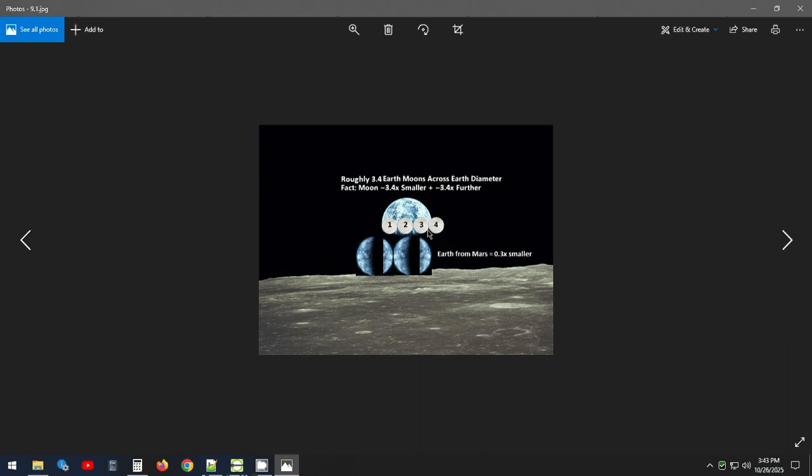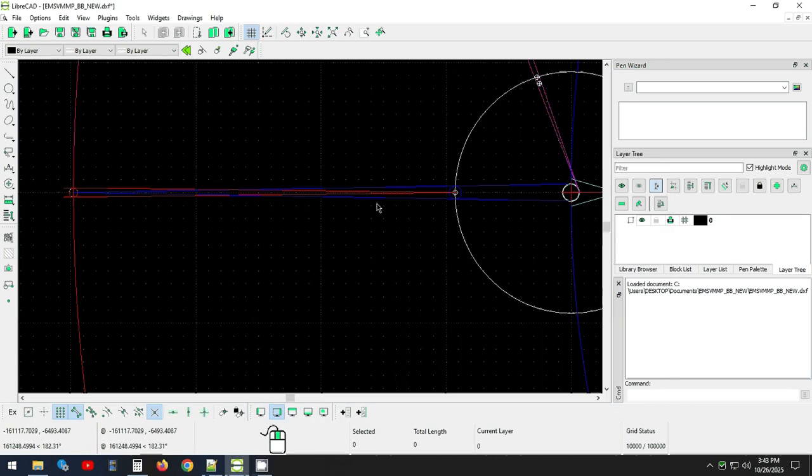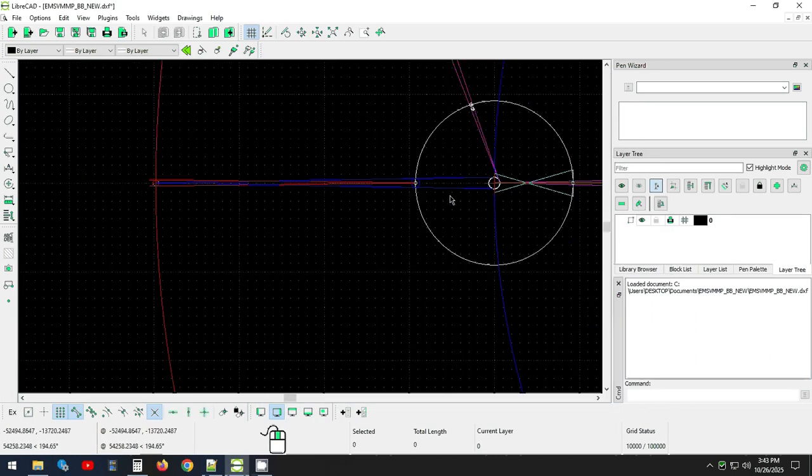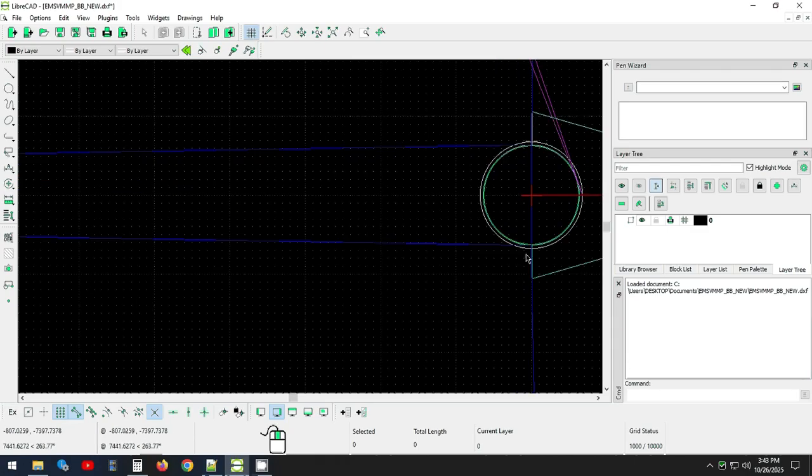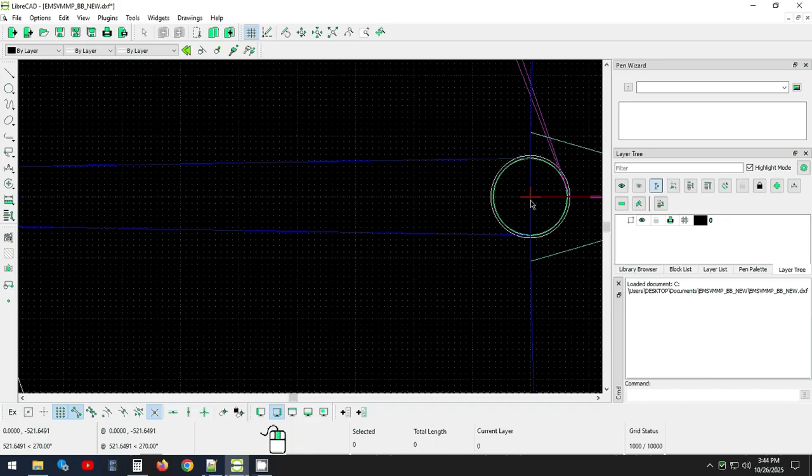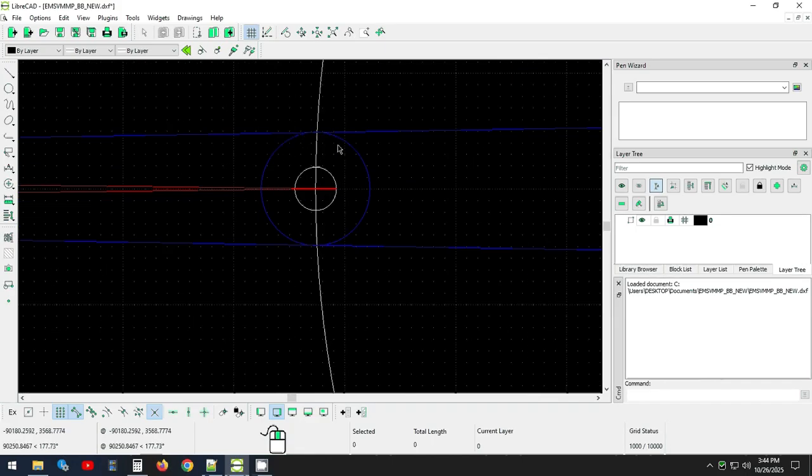So we have our Earth comparison to the Moon, and we also have our Earth comparison from Mars to our Earth comparison from the Moon. And it's in fact 0.3 times smaller. So, knowing that it's 0.3 times smaller, we put our triangle, our cone, backwards from the Earth going to our 0.3 times smaller, and it's from the Moon, so that's why it's lined up with our Moon in the drawing.